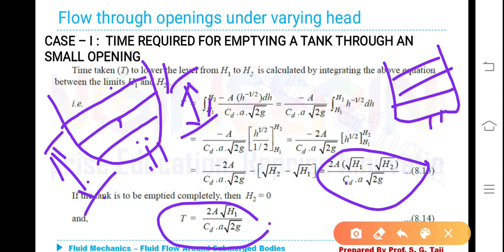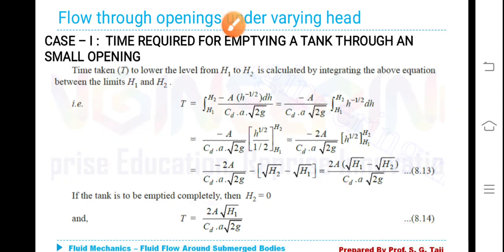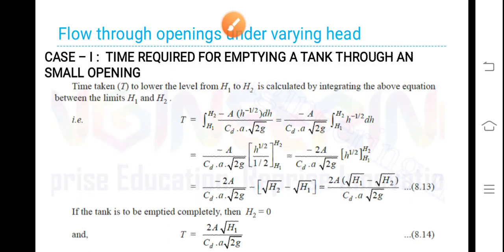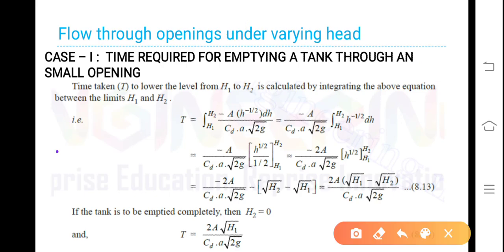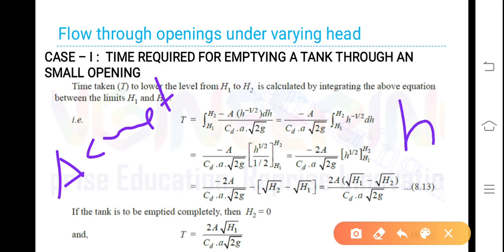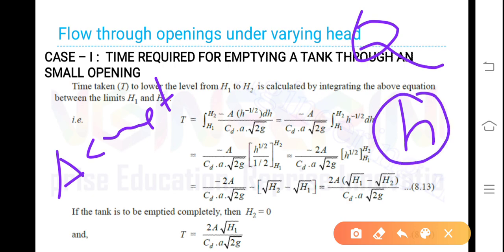That's why in the first case, when area is constant, you have to express Q in terms of small h only.